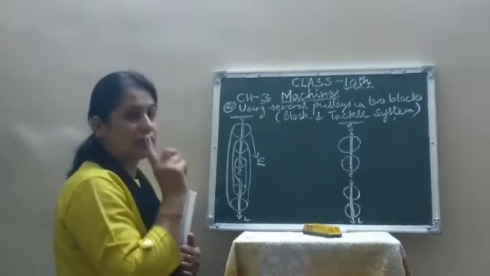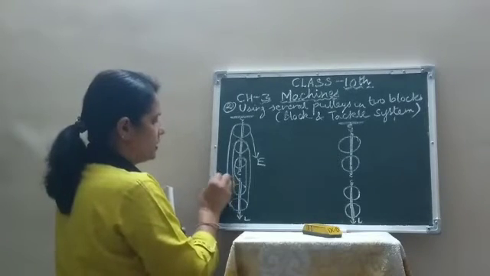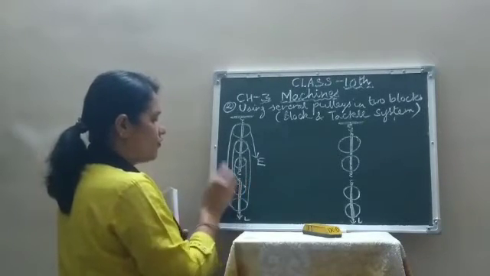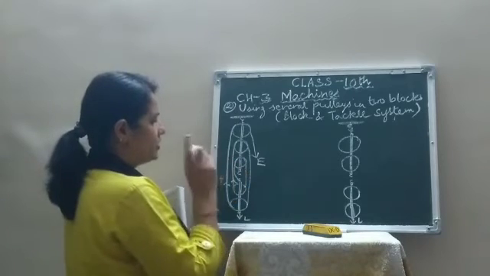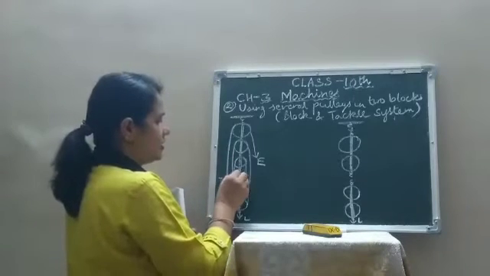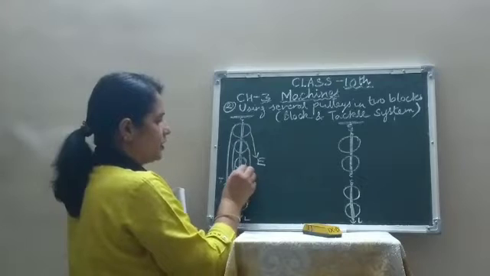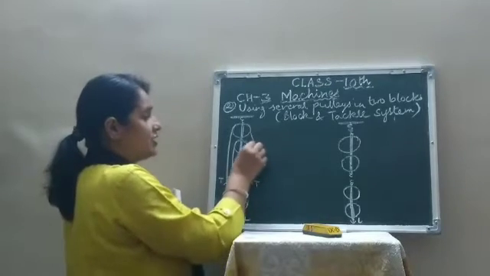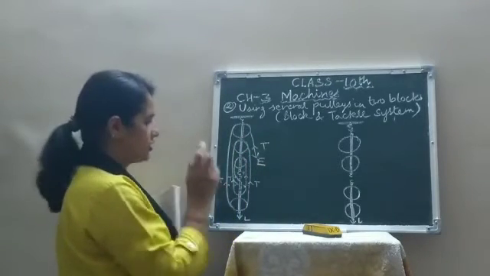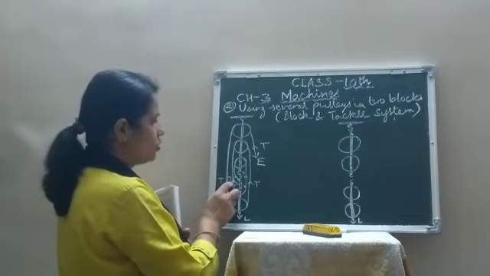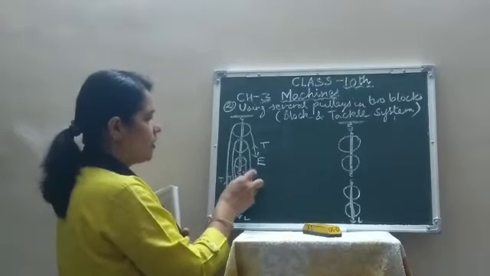Tensions T act in all the strings. T, equal forces, and in the upper direction always. T acts in the upper direction. T, T, T, T, T and T. So total how many tensions? Count. 1, 2, 3, 4, 5 and 6.